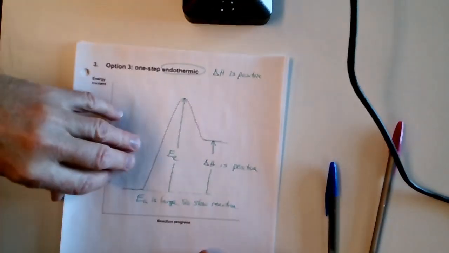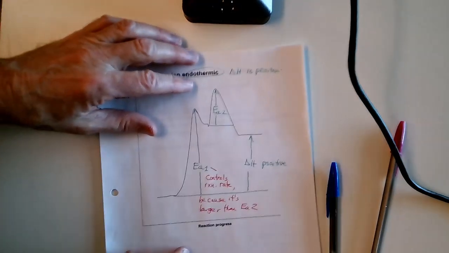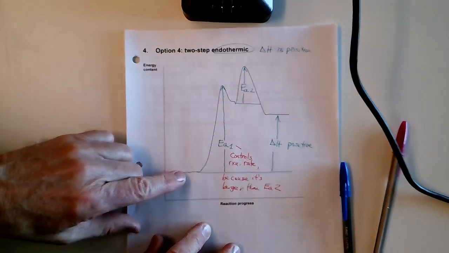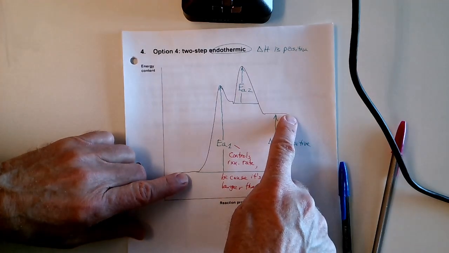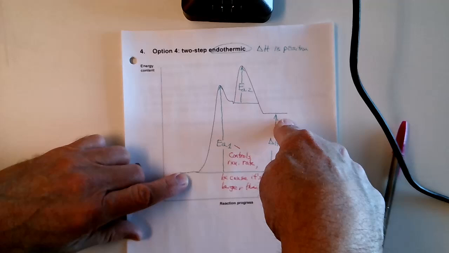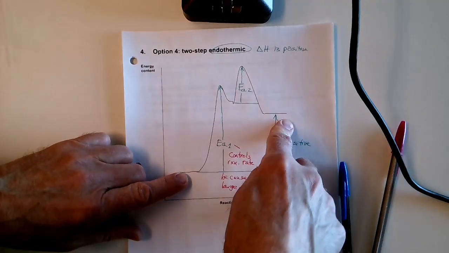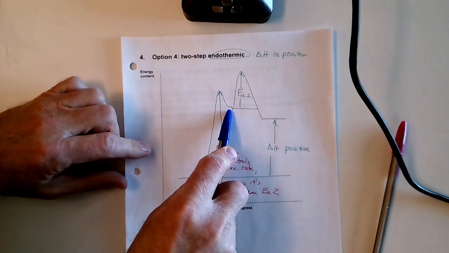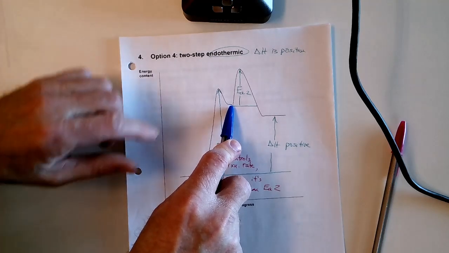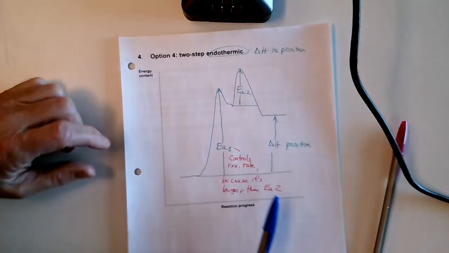Okay, that's one step, and then 2 steps can be the same profile from beginning to end, meaning you start one place, you end a different place that's higher in energy. These are going to be less stable bonds, probably, but it can happen. And then in the middle, there would be a transition state here, intermediate here, and a transition state in both of these spots.